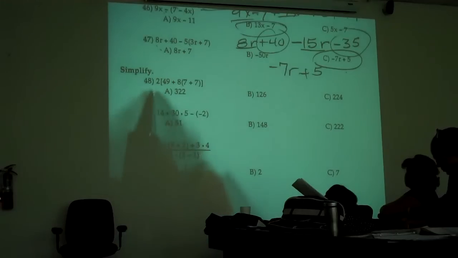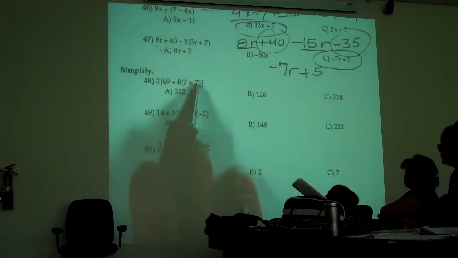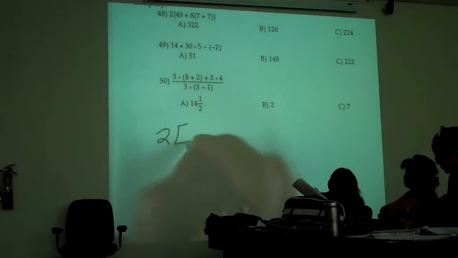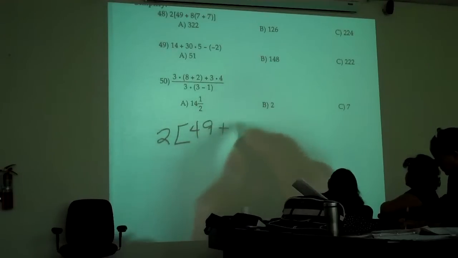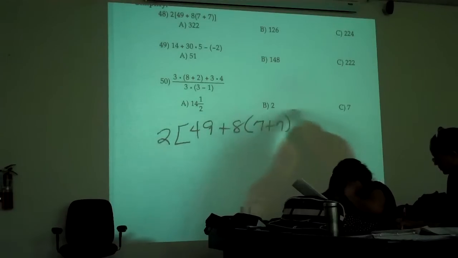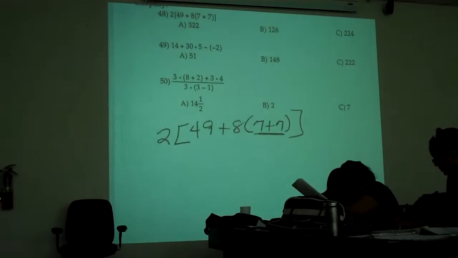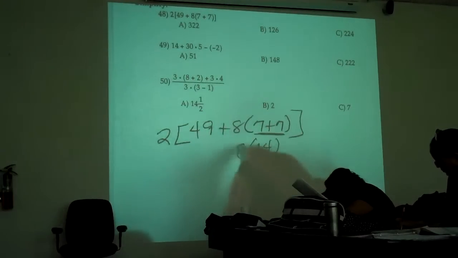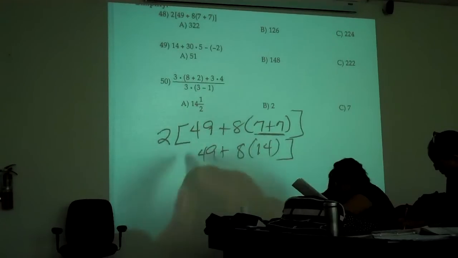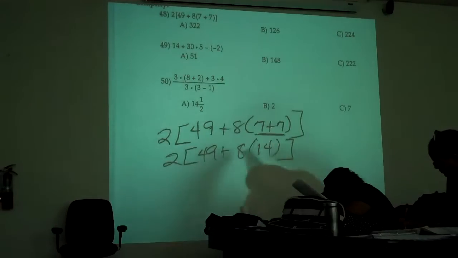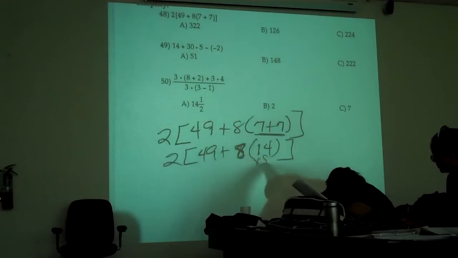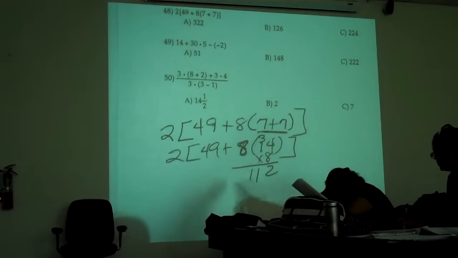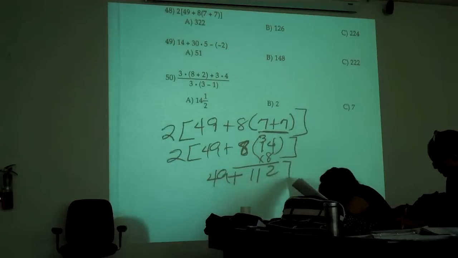Don't multiply the 2 till you do everything inside here first, okay? Let me write it down here. 2, and we have 49 plus 8, and then 7 plus 7 in parentheses. Do the parentheses first. 7 plus 7 is 14. Okay, 8 times 14, it's touching. 8 times 4 is 32, and 8 times 10 is 80, so 112.